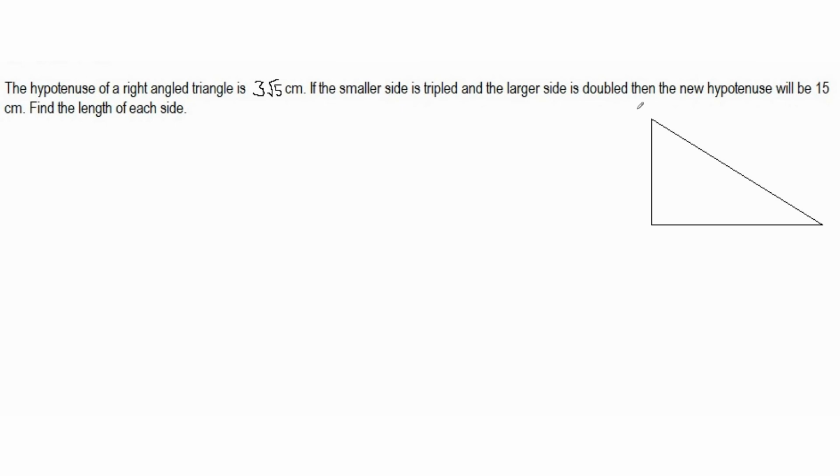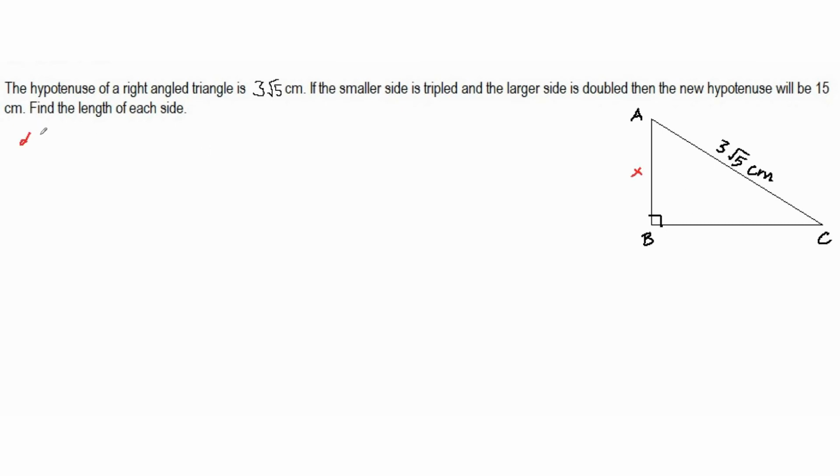So let's consider the right angle triangle is ABC, and the hypotenuse is 3 root 5 centimeters. If the smaller side is tripled, now by the way, I haven't allotted any smaller side, so let's assume that AB is the smaller side.